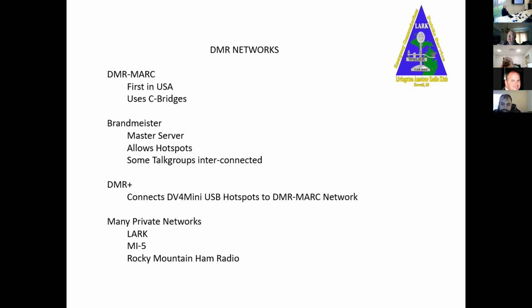So every police tower has got a ham antenna on it, and they can connect to each other, and you can use it. The instructions and the rules for his network are up on the MI5 network. They only allow so many talk groups because they want to keep it for emergency backbone, but it's all microwave connected.